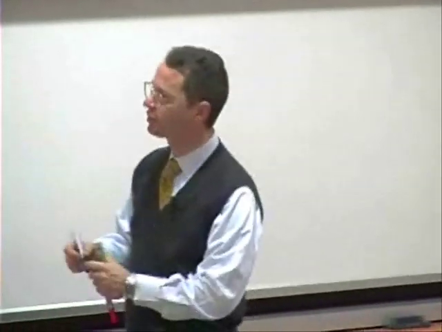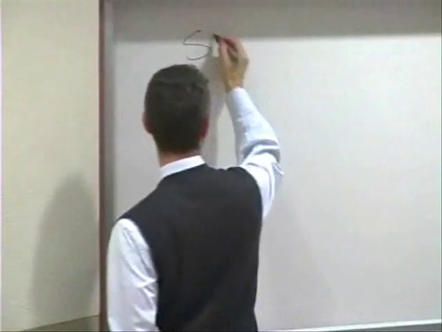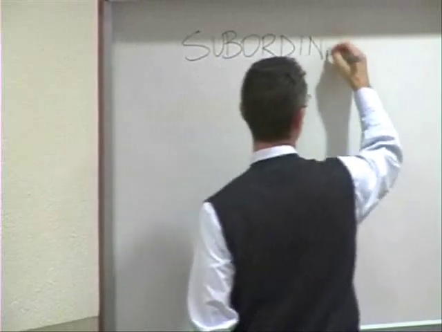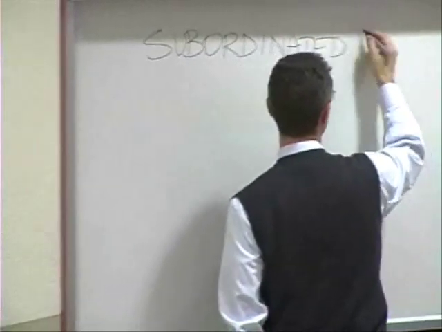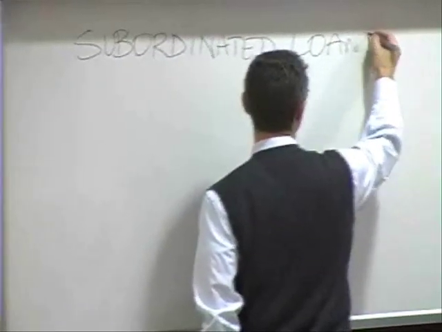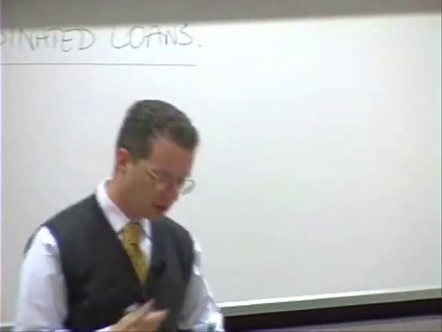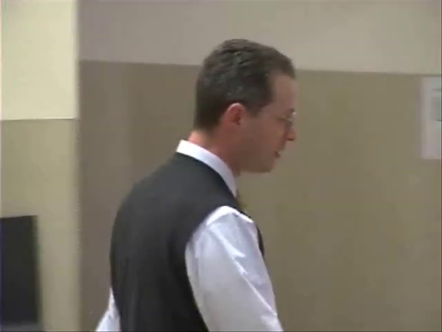Talking about subordinated loans, we are talking about junior loans. I mean loans that can be repaid in terms of principal only when the principal of senior debt has been repaid.